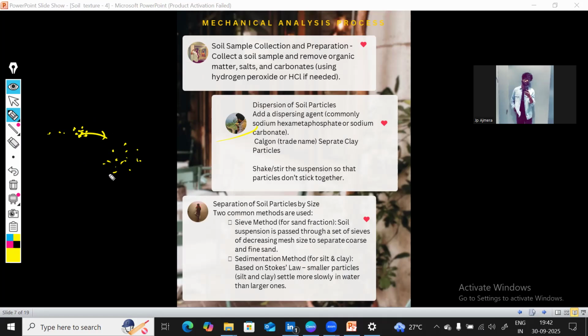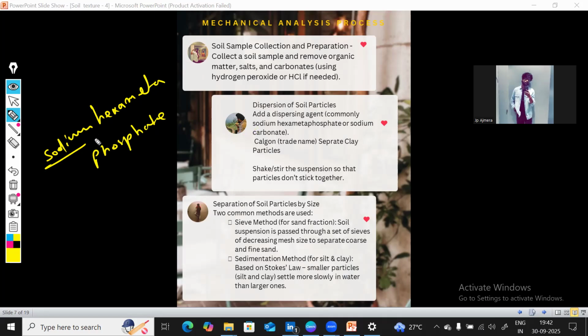That chemical is known as a dispersing agent. Sodium hexametaphosphate is the dispersing agent; it will separate the soil particles from each other.